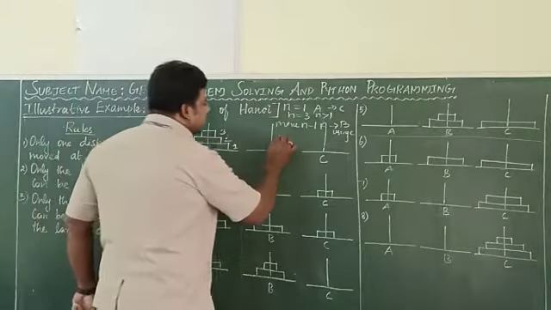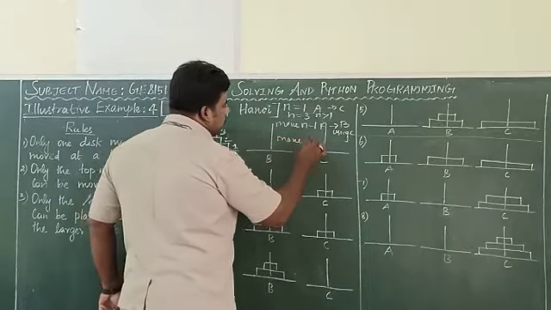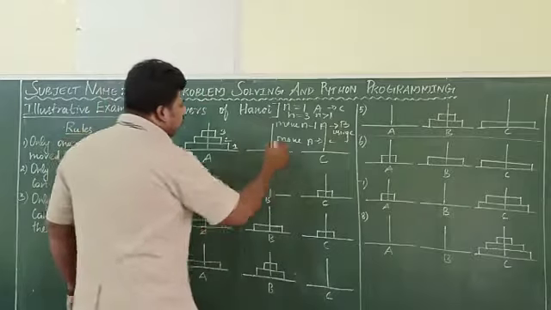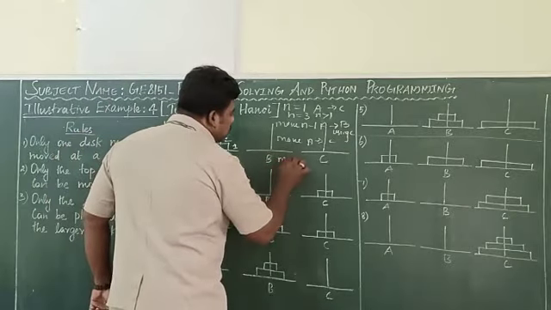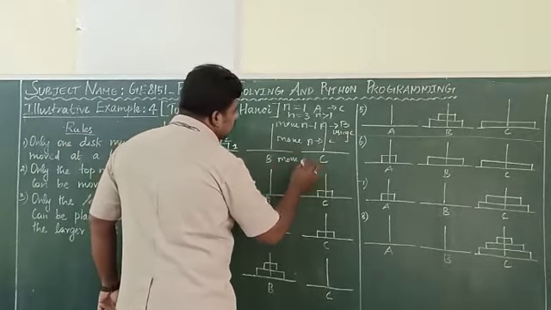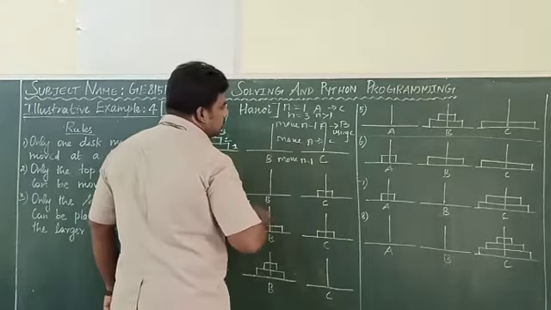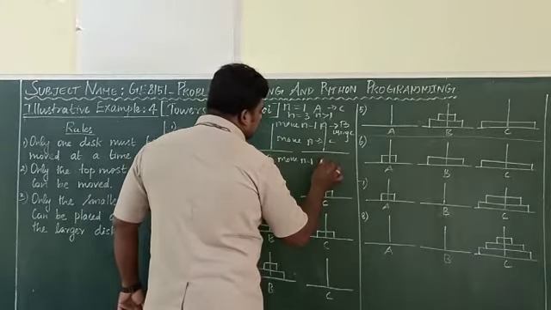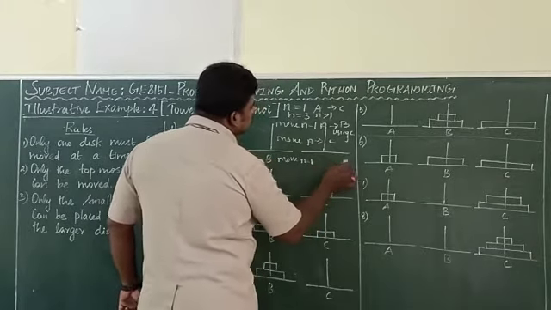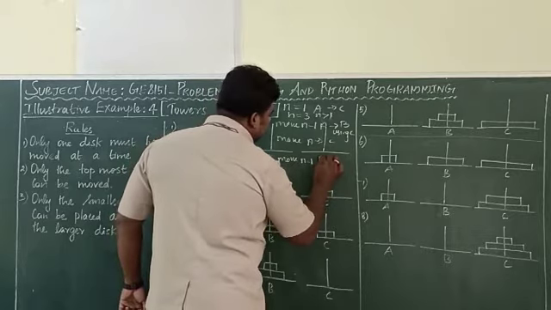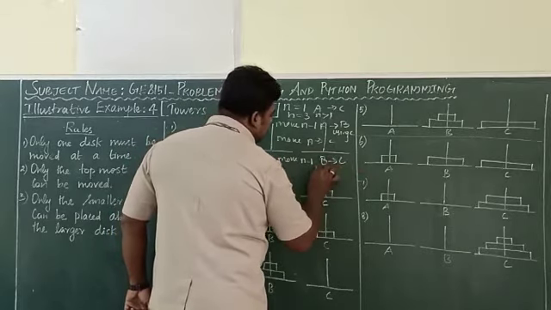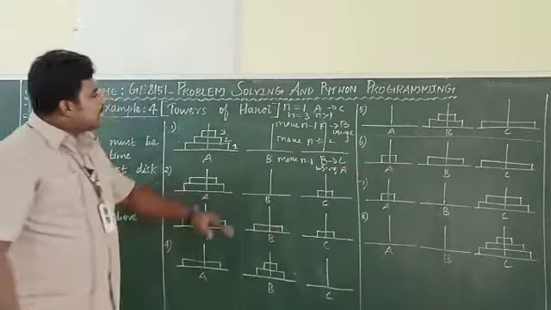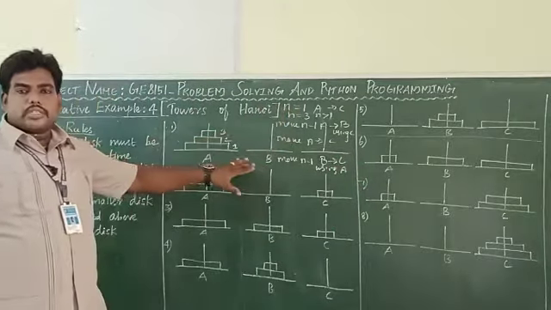The next rule is then move A to C. The fourth rule is move n minus 1 from B to C using A. These are the 4 things you have to remember.